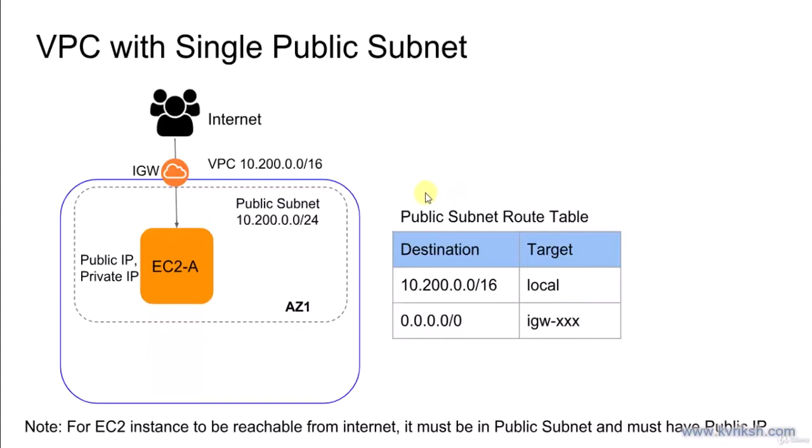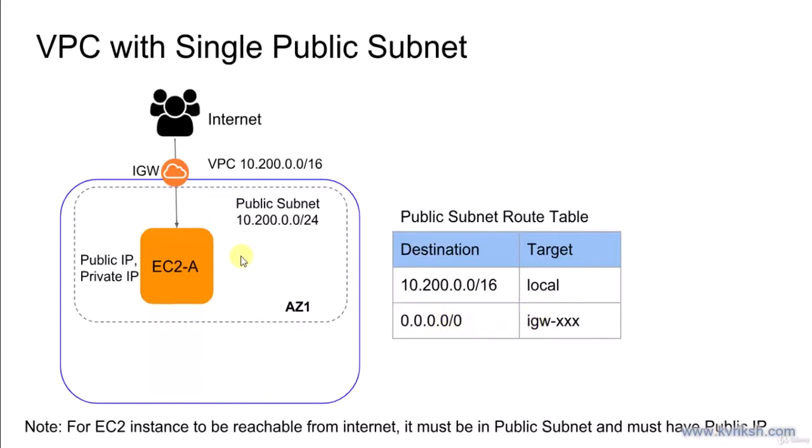Okay, so some preparation for this we need to do. The steps would be like creating a VPC in a given region, then creating an internet gateway and attaching it to the VPC. The next step should be to create a subnet with the CIDR range that you prefer, and to make this subnet a public subnet, we will create one route table and add a route for internet traffic which flows through the internet gateway.